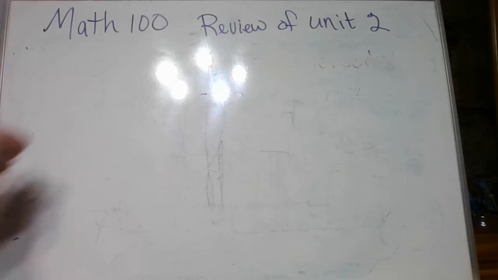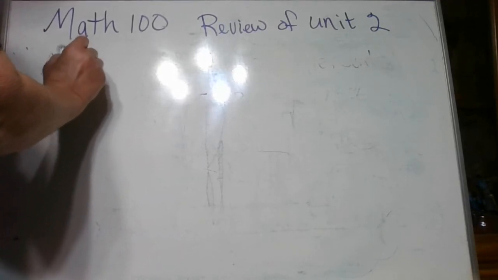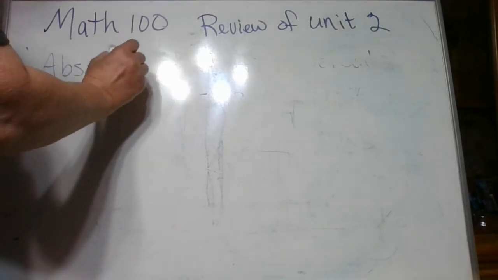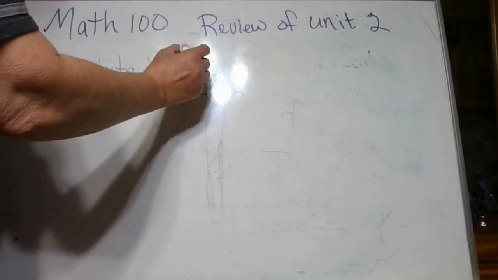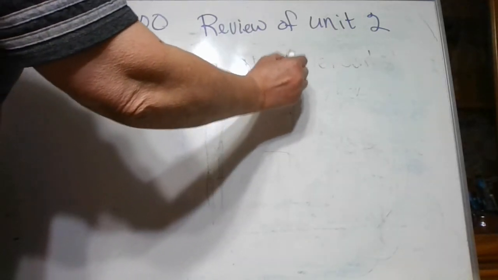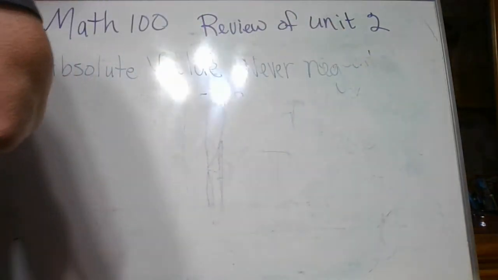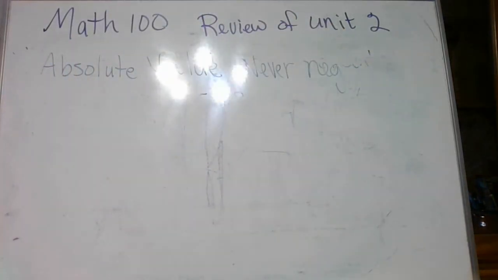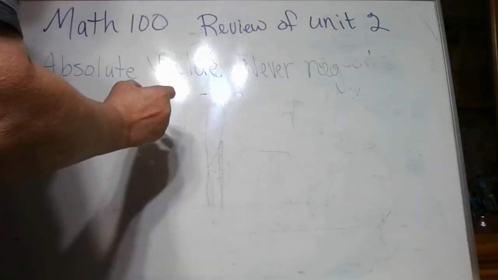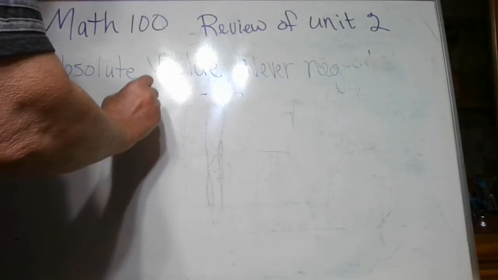Okay, then we talked about absolute value. Remember that the absolute value is never negative because it represents distance. It represents the distance from 0.